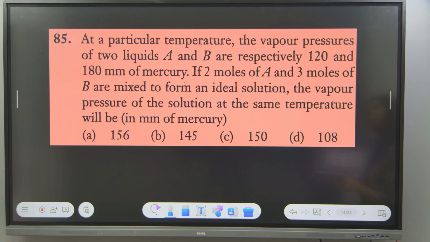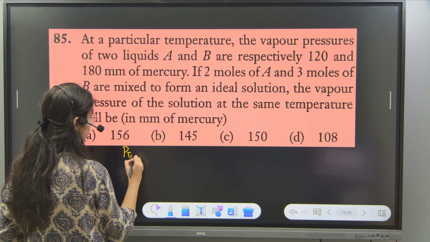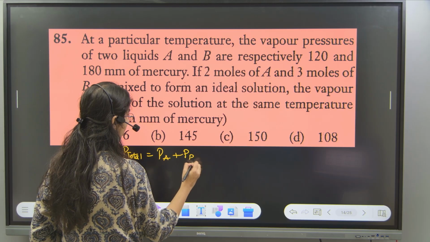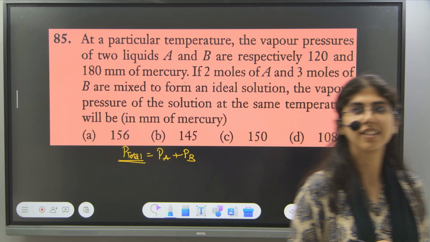So here you have to find out vapor pressure of the solution. This is even more easy, I guess. P total is equal to PA plus PB. You have to find out this. Such an easy question.